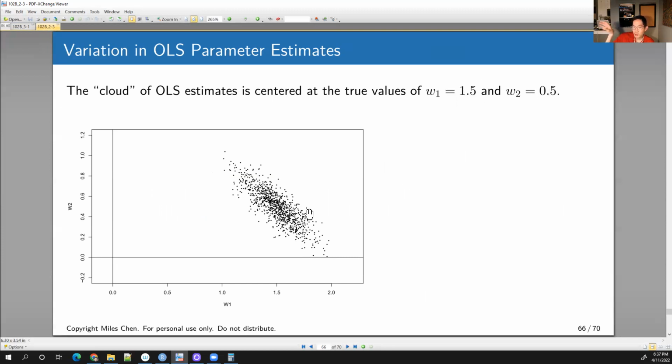But because the random samples are subject to random noise, a lot of people got coefficients around 1.5, 0.5. Some people, just because of randomness, got coefficient estimates like 2.0, and some got 1.0. Most of the time it's something around 1.5, 0.5, but there's quite a bit of variance as far as the different parameters go.